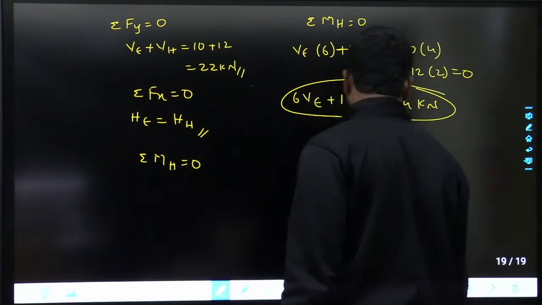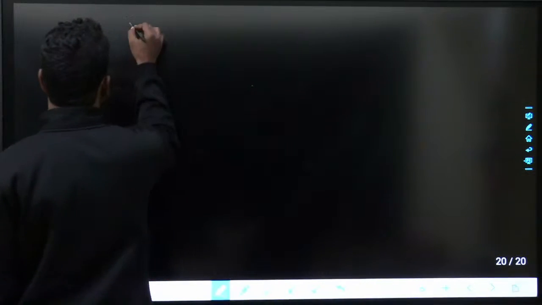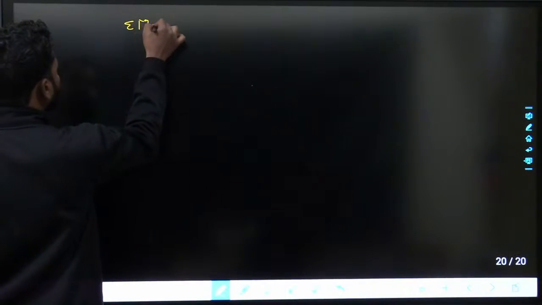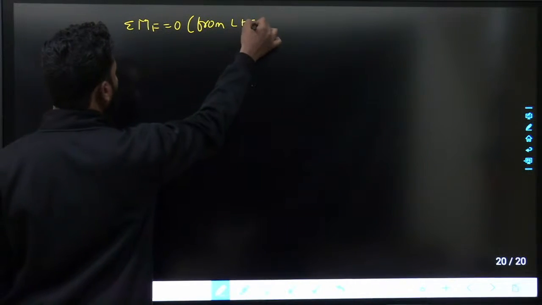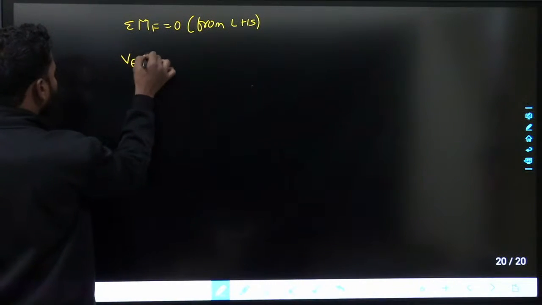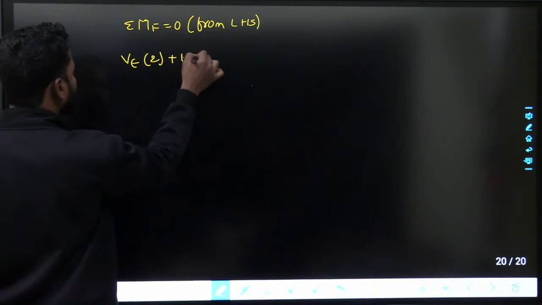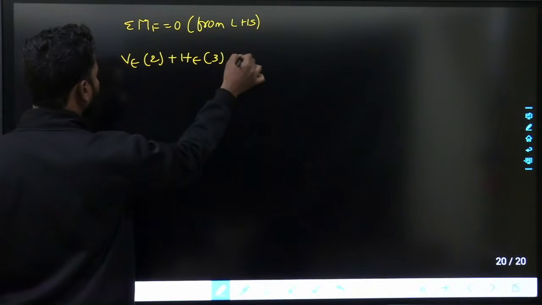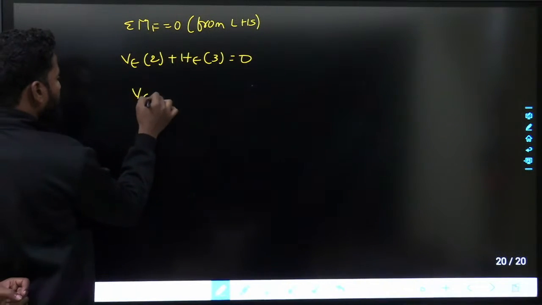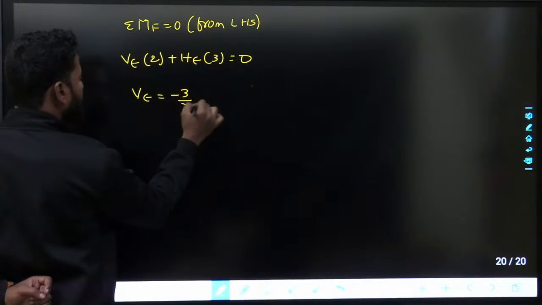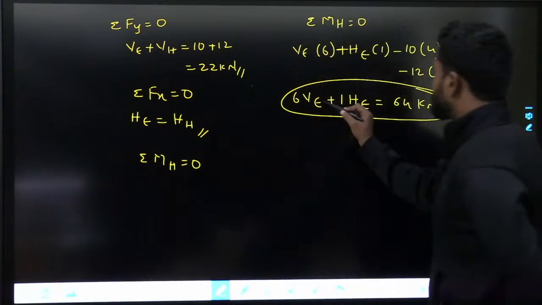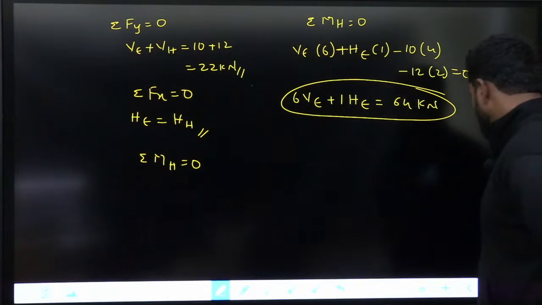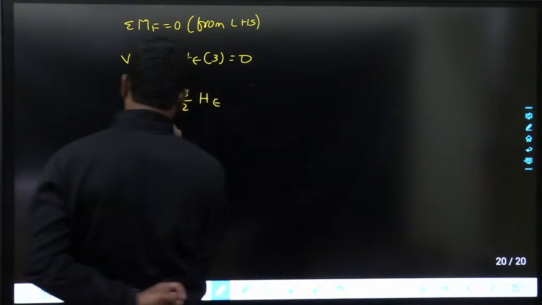So summation of moments about F equals to 0 from LHS, I will get VE multiplied with 2 plus HE multiplied with 3 equals to 0. So VE equals to minus 3 by 2 HE. This is one thing. And then 6 VE plus HE equals to 64 kilonewtons. This is another equation.